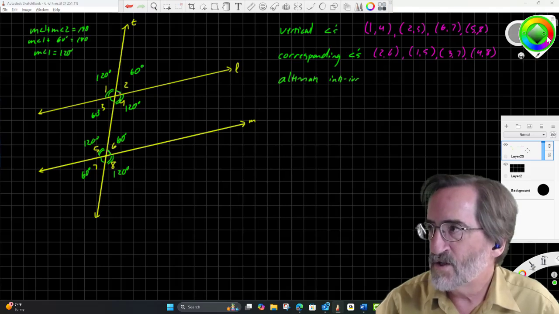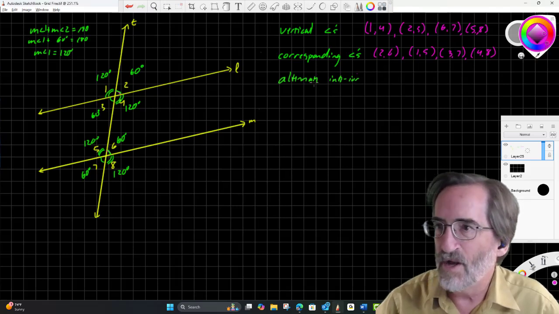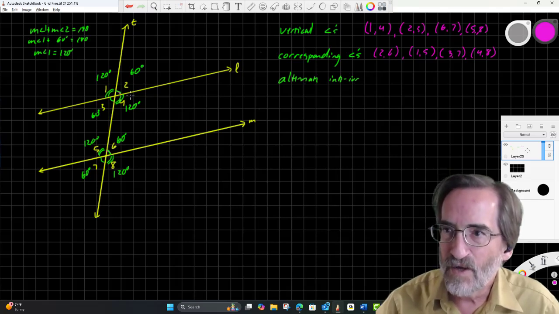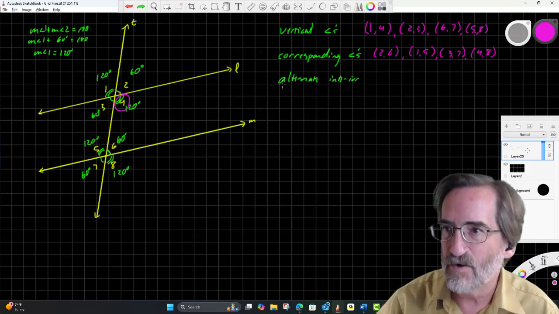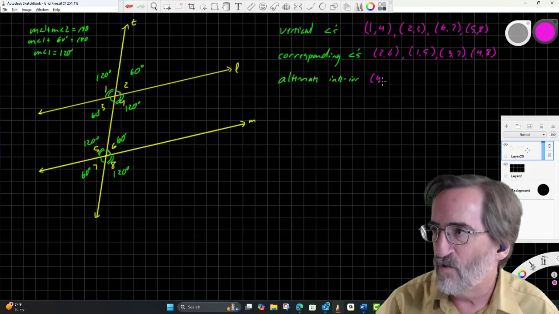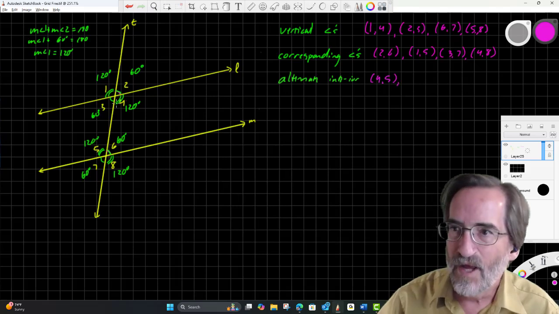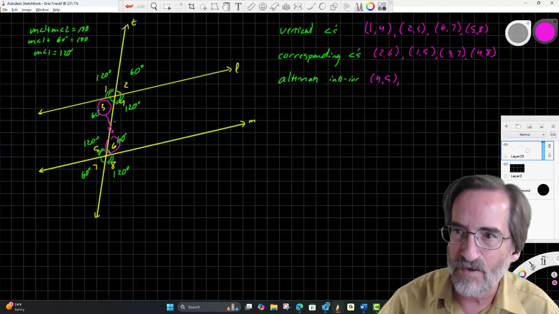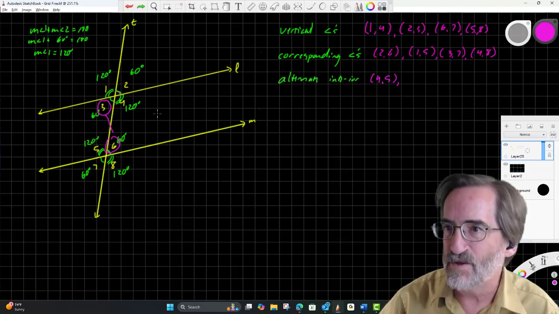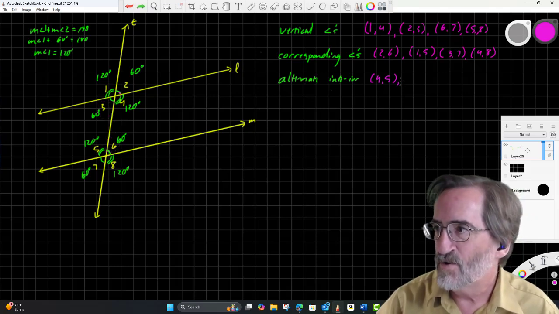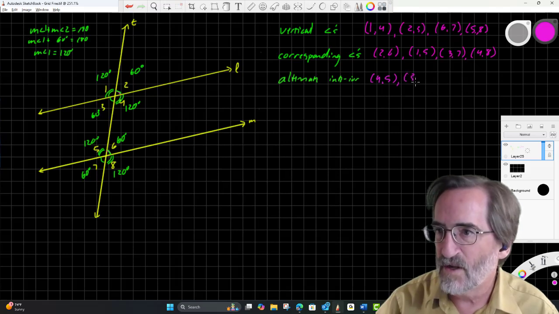They're on opposite sides of the transversal T, but they're interior. So angles 4 and 5 are alternate interior angles. Angles 3 and 6 are alternate interior angles. See, they're on opposite sides of the transversal and they're interior.